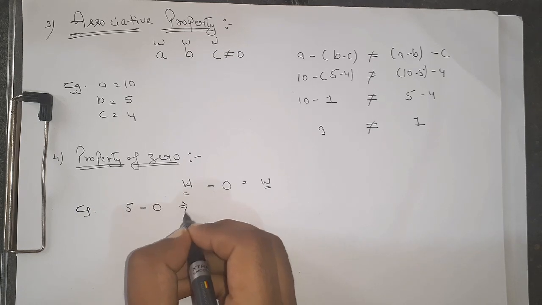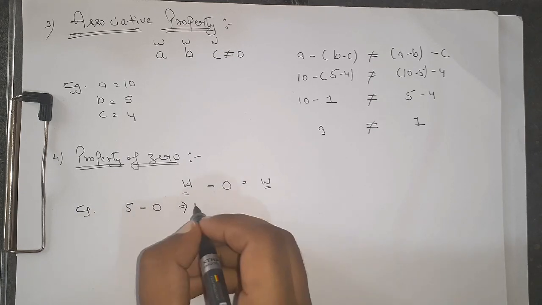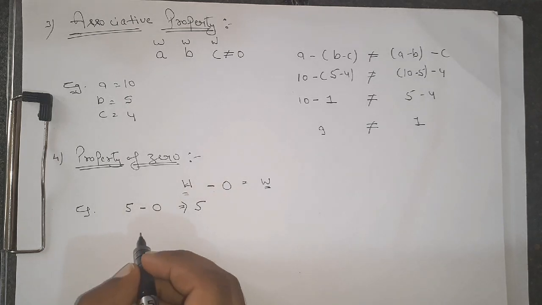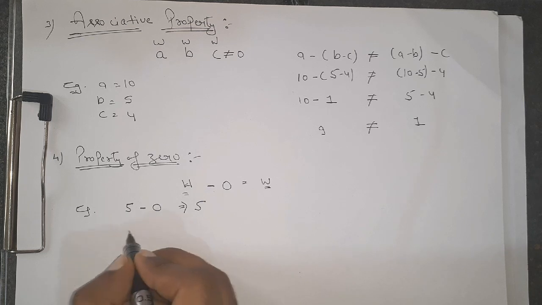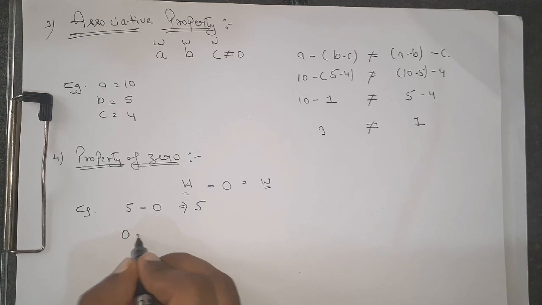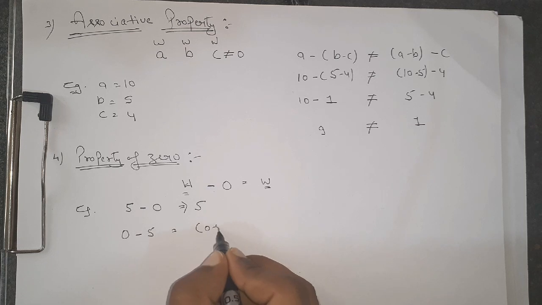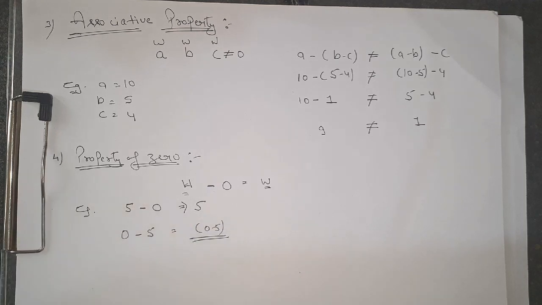We deduct 0 from it. So what will be the answer? 5 minus 0 is 5, a whole number. But if you deduct any whole number from 0, like 0 minus 5, it will not be a whole number. Definitely it will not be a whole number.